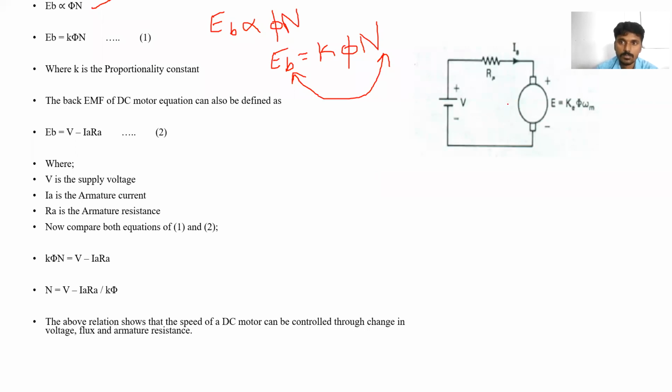From this basic equivalent circuit diagram, we can write V is equal to the voltage drop across the resistance, IA RA, plus EB, the back EMF. V is equal to supplied voltage is equal to EB plus IA RA.